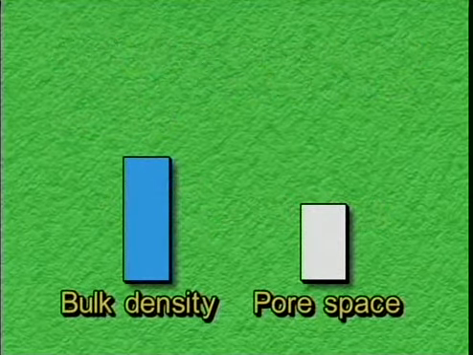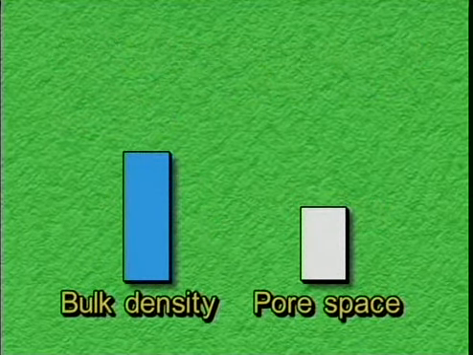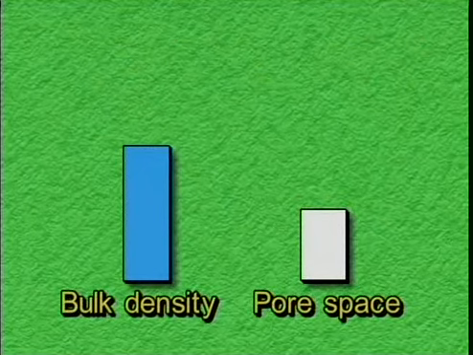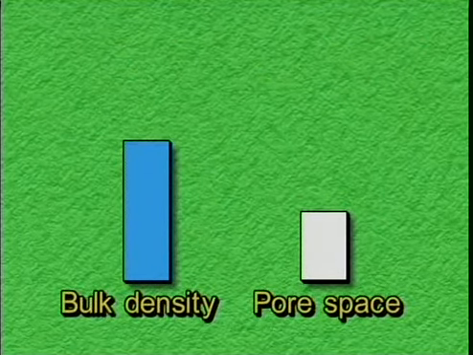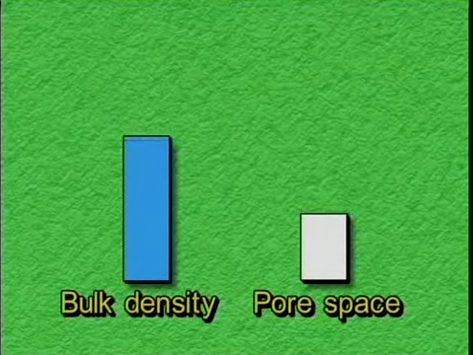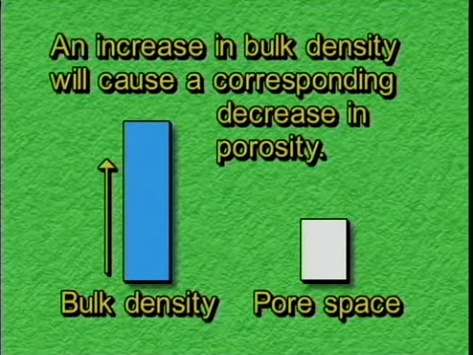So as the bulk density value for a soil goes up, which is an indication that we have compacted that soil or squeezed the airspace out, we would expect to see a corresponding decrease in the pore space or porosity, which is indeed true. The formula tells us that an increase in bulk density will cause a corresponding decrease in porosity.